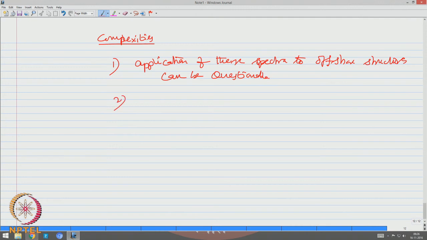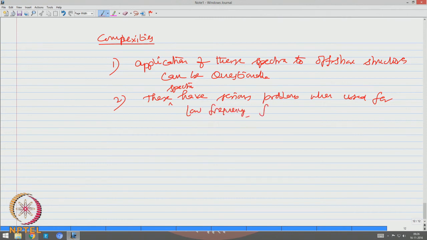The second issue we have is something structurally related. These spectra have serious problems when used for low frequency flexible structures.